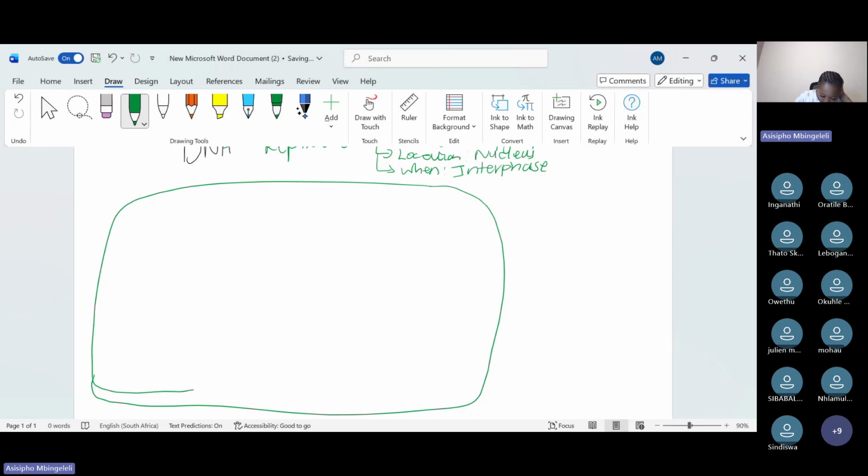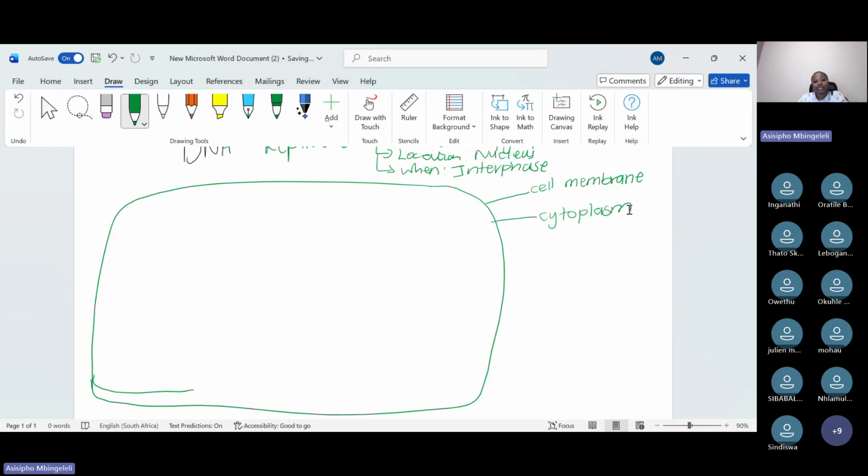So this is the cell. If we are speaking about an animal cell, this would be a cell membrane. And filling up the cell membrane will be that jelly-like substance, which is the cytoplasm. I'm mentioning these words because they are important.